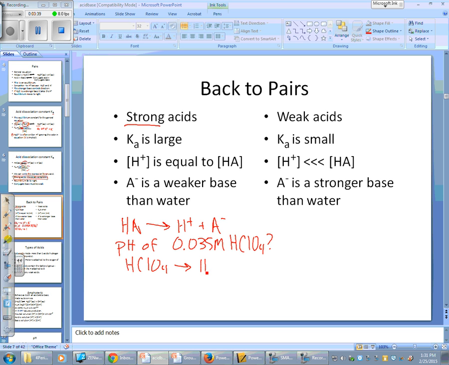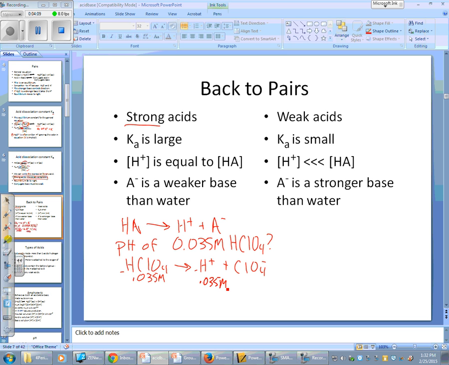KClO4 is going to split up into hydrogen ions and perchlorate ions. And then we can just use mole ratio. If this is 0.035 molar, then what is the concentration of the hydrogen ions? Well, it is a 1-to-1 mole ratio, so the concentration of my hydrogen ions is 0.035 molar. Again, because it is a 1-to-1 mole ratio and it is a strong acid.